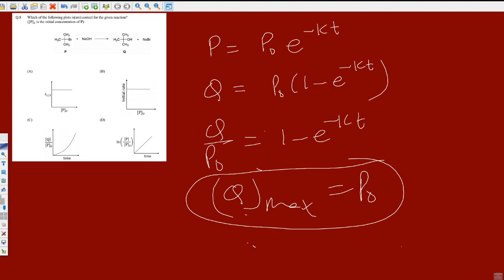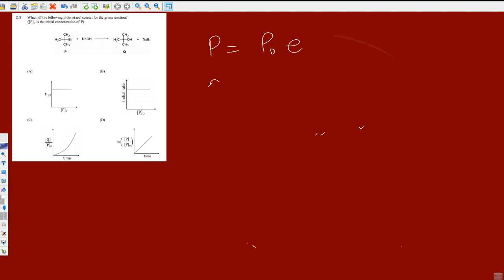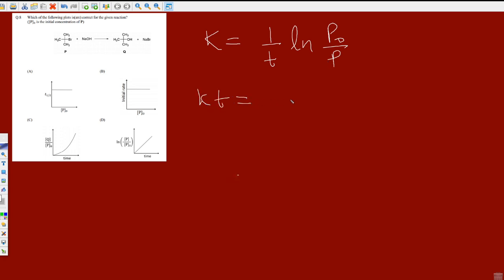Now if we look at option D, in the case of a first order reaction, we know KT is equal to ln P naught upon P, or we can say minus KT is equal to ln P upon P naught.